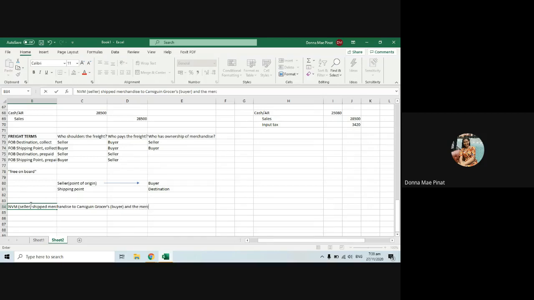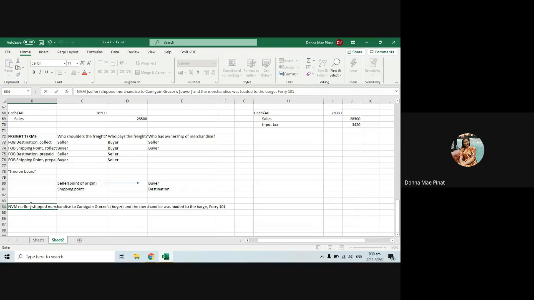And the merchandise was loaded to the barge. Barge, ferry 101.